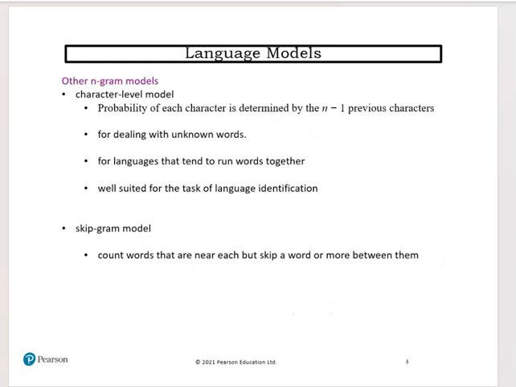Now, other n-gram models exist. For example, a character level model, which can be very useful in language identification. In that case, given a text, determine what language it's written in.